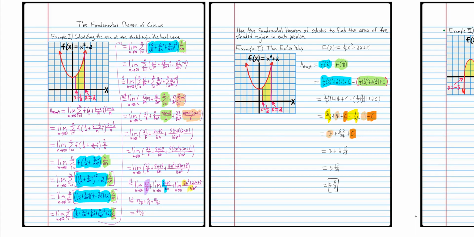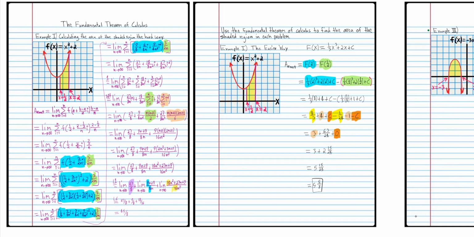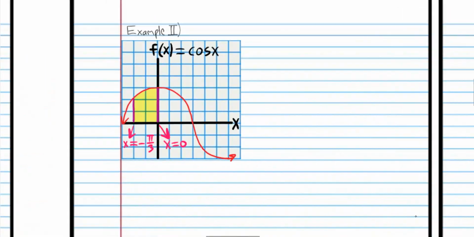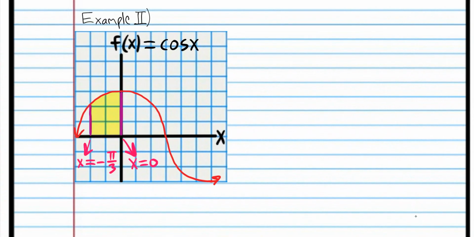Remember, the definition of the derivative is the limit of f of x plus h minus f of x over h as h approaches 0. So we have limits involved with this stuff, and Isaac Newton discovered that these 2 problems can be used together, so to speak, in concert to solve 2 different problems.